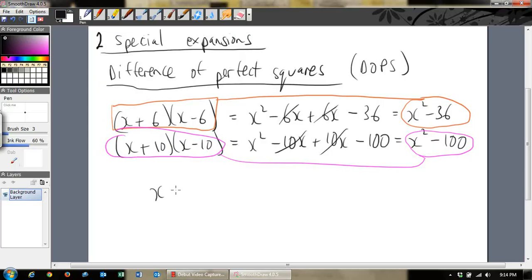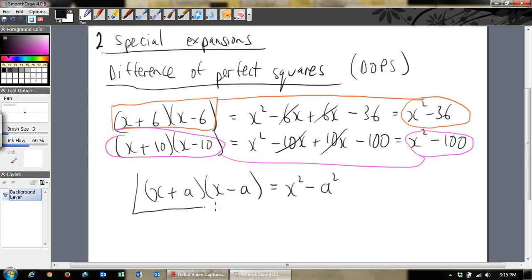If you have x plus some letter a, and you multiply that by x minus a, what do you get? You get x squared. Now what's happened here? We've got 6's here, and we end up with 36 over here. We've got 10's here, and we end up with 100 over here. And it's always minus, you see here. If we did more examples, you'd see. So it's actually minus a squared.